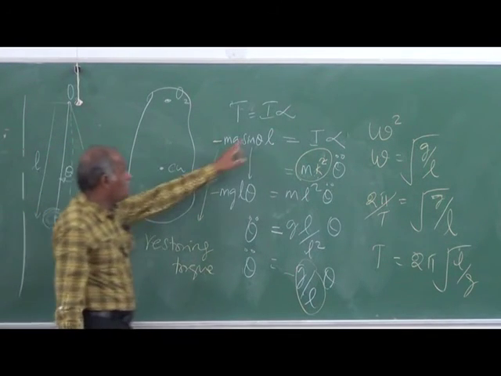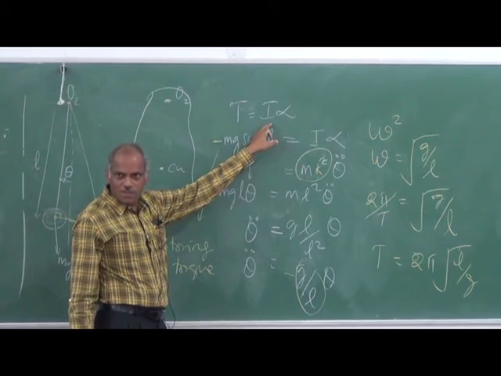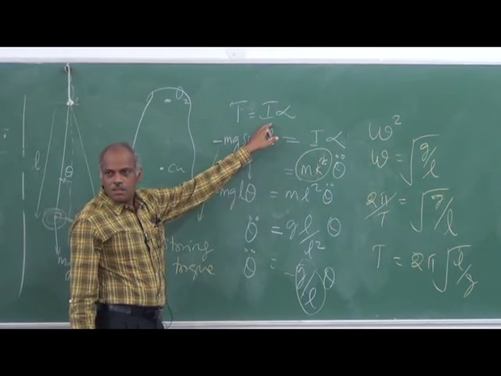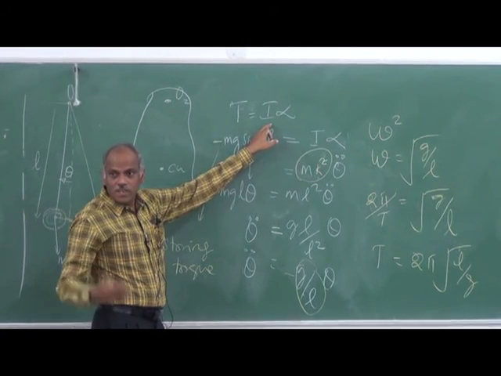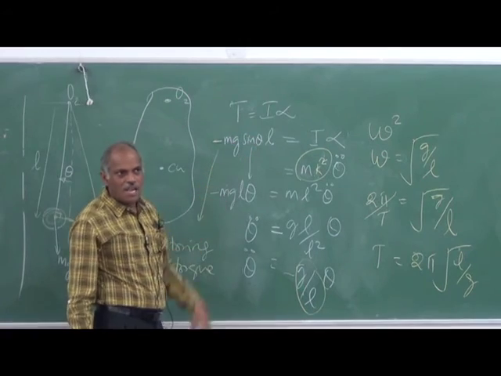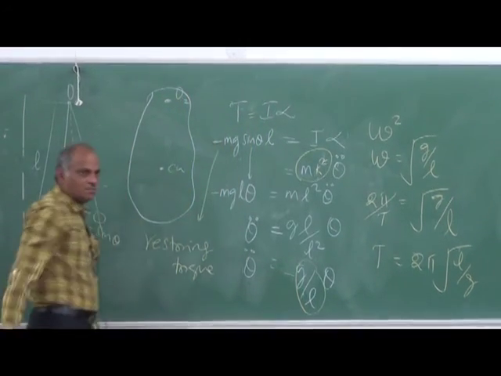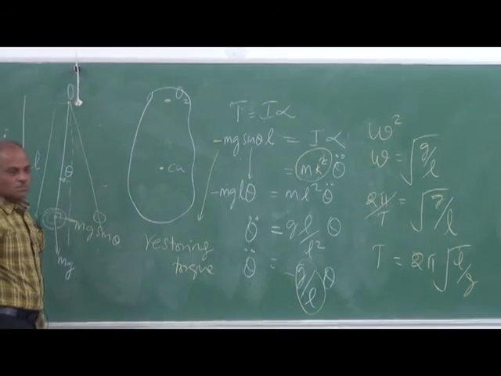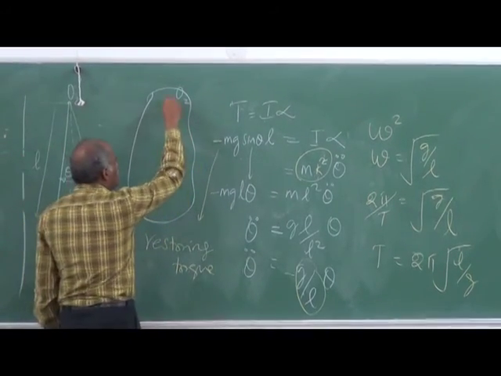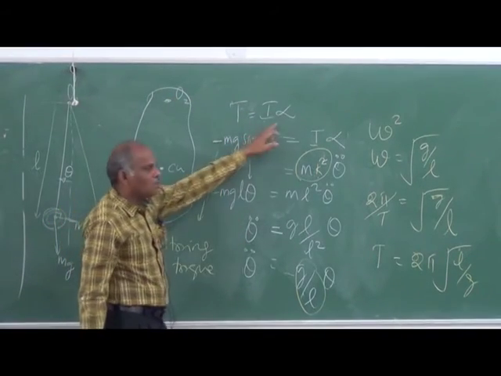So this moment of inertia is what? As I told you, the moment of inertia is not a unique value. I should say the moment of inertia over which axis. So this is the moment of inertia about the axis of suspension. So we are talking about the moment of inertia about the axis of suspension, that T is equal to I alpha.